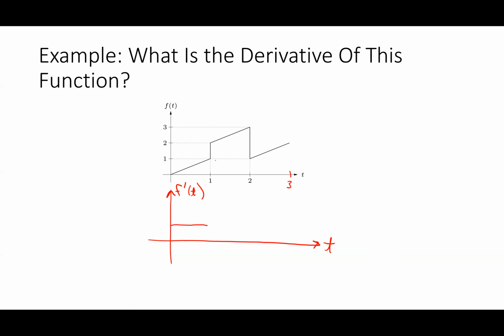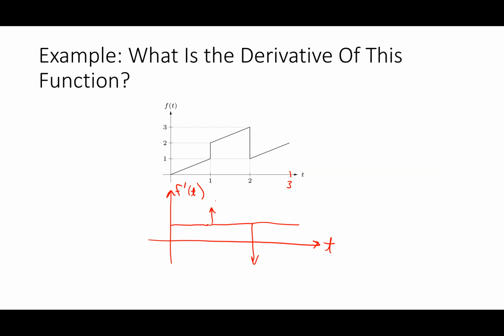Now, what's going to happen here when I jump up like that? Yep, I'm going to see that Dirac delta. Then it's going to be a 1 again. Now, what's it going to do here where it goes down? It's going to be a negative delta. I drew it twice the size here because it's a jump downward of 2, right?